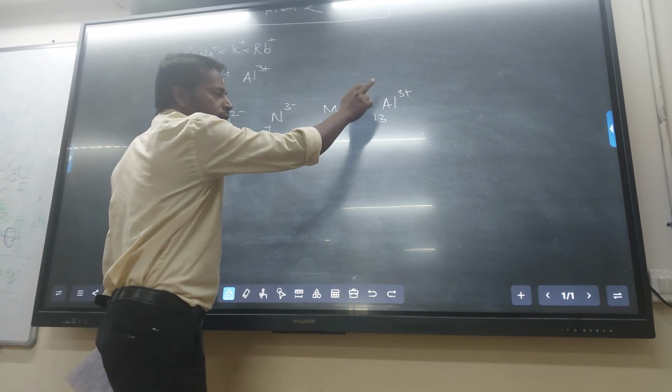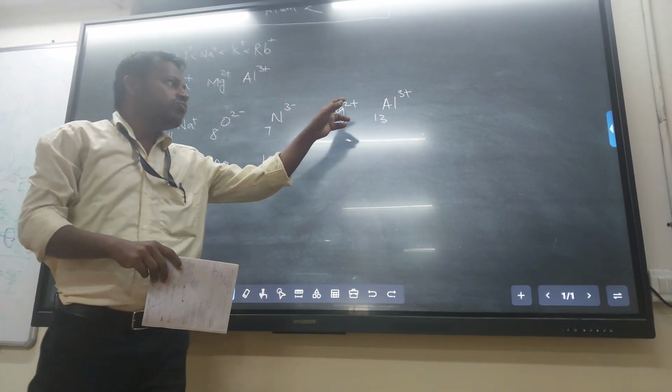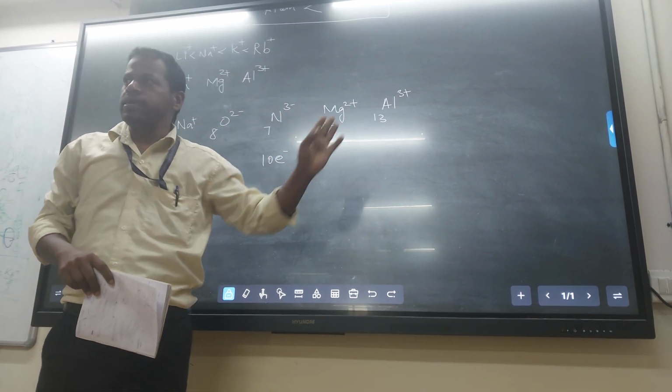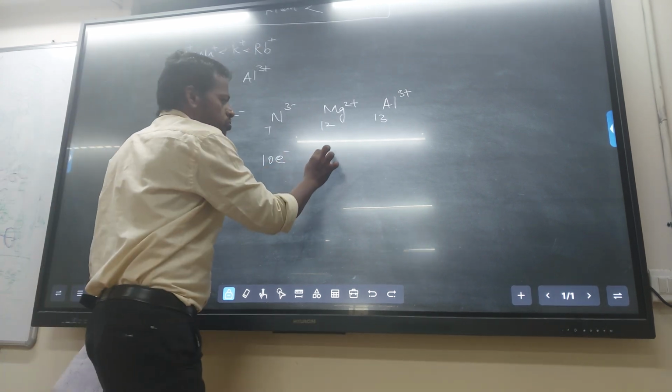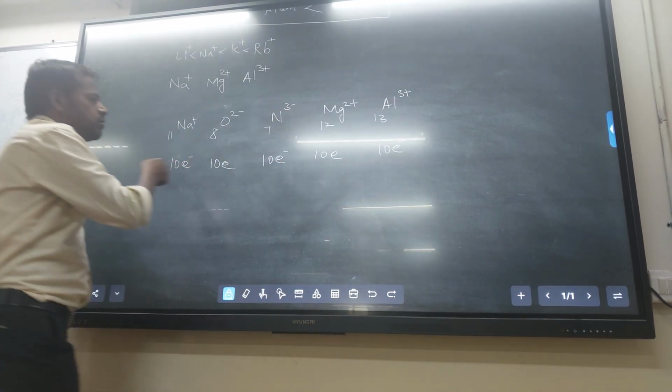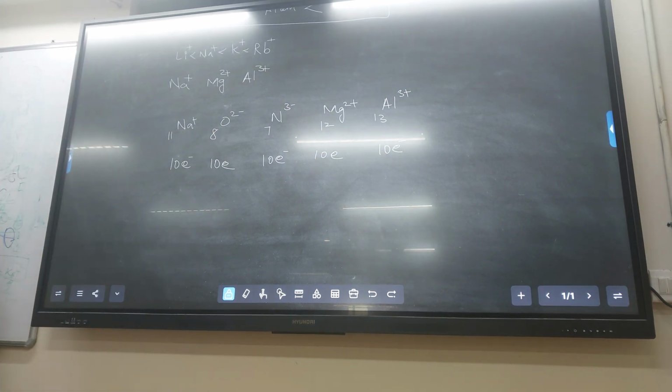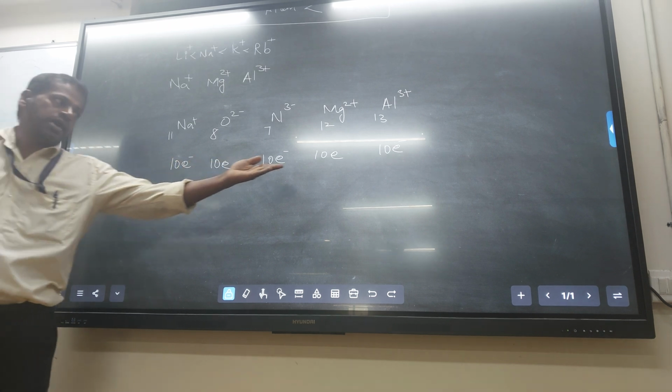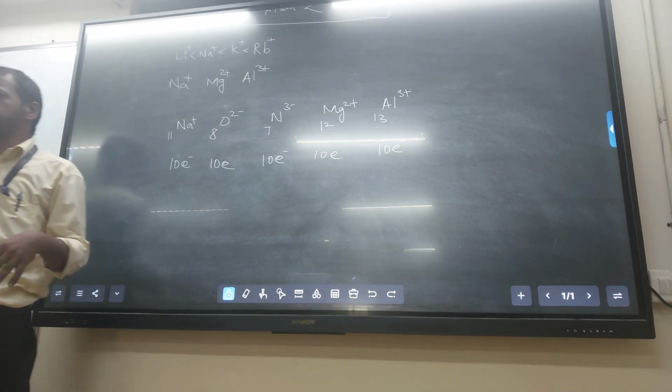And 12 minus 2 for magnesium 2 plus, we remove electrons from that atom, so here also 10 electrons and here 10 electrons. So this is an isoelectronic species. The remaining electrons after addition or removal of electrons from the atom are the same, that is an isoelectronic species.